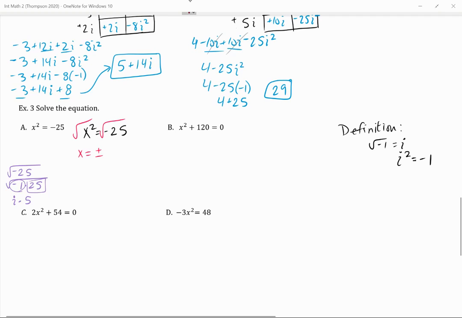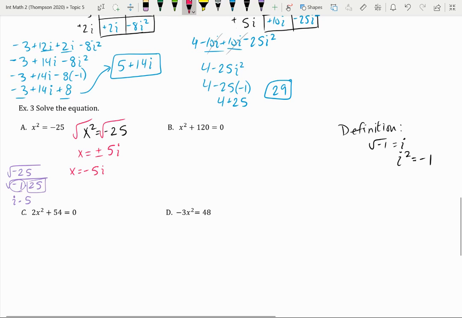So the square root of negative 25 is actually going to be 5i. So x is equal to negative 5i and positive 5i. Negative 5 imaginary and positive 5 imaginary.